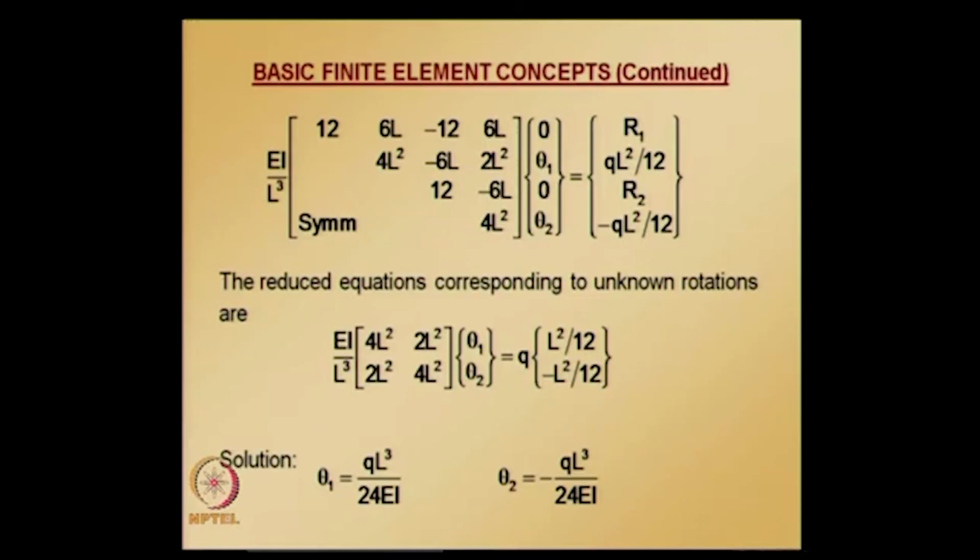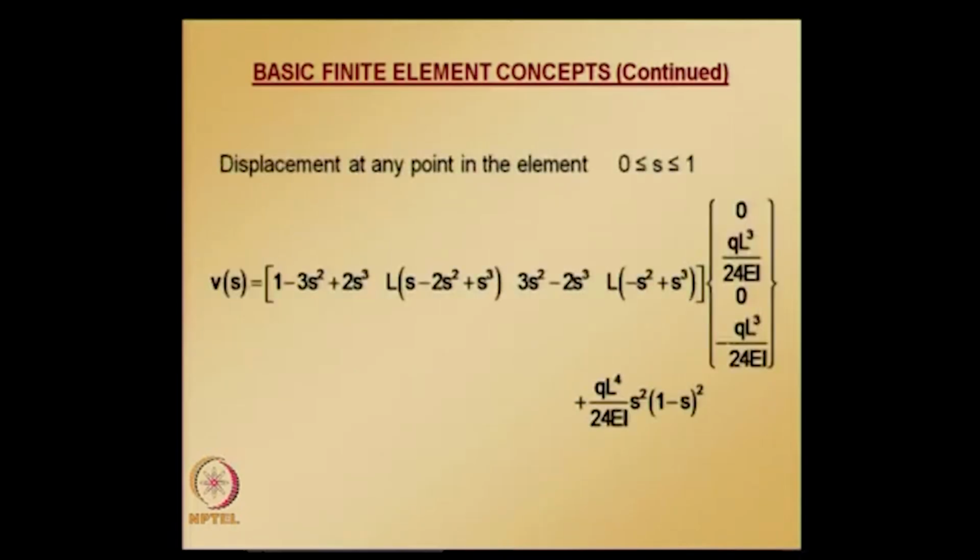So displacement at any point in the element, using these nodal values V1, theta 1, V2, theta 2, we can interpolate using finite element shape functions. The first term is nothing but the interpolation using finite element shape functions, and the second term is coming from the fixed end moment displacement.